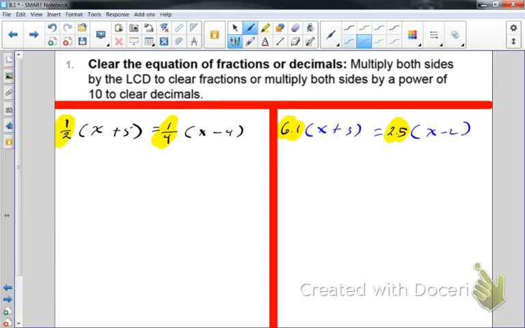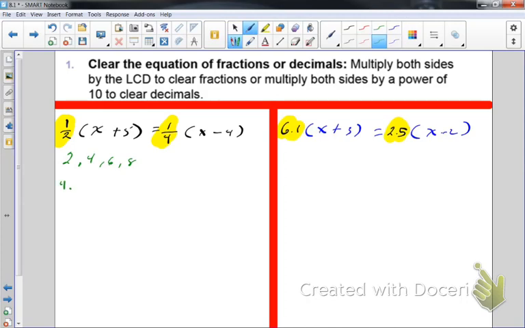So what it's asking you to do is to be able to find the lowest common denominator of 2 and 4. In this case, it is going to be 4. How do I know that? Because 2 could be seen as 2, 4, and then 6, and then 8. 2 could go into all of these, and the same thing with 4.